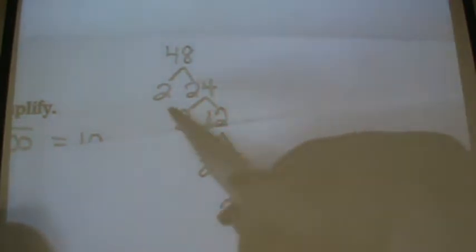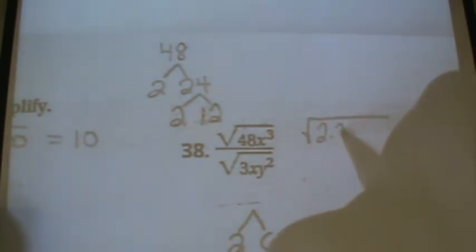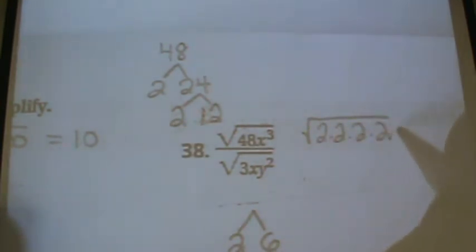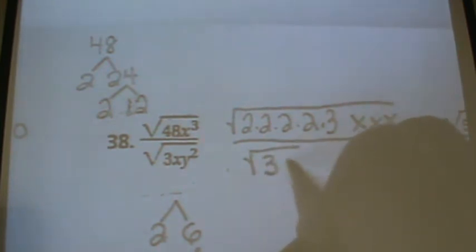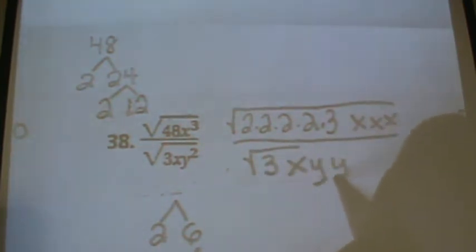That way it's in order. So you have 1, 2, 3, 4 2's, a 3, and 3 x's. That's the top. The bottom is a 3, an x, and 2 y's.